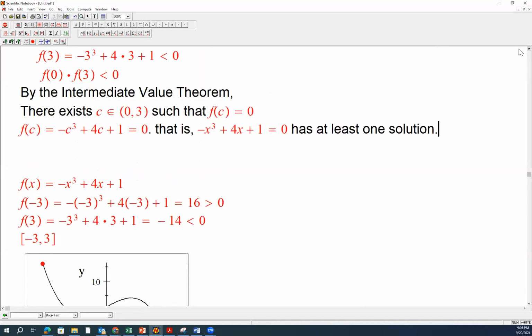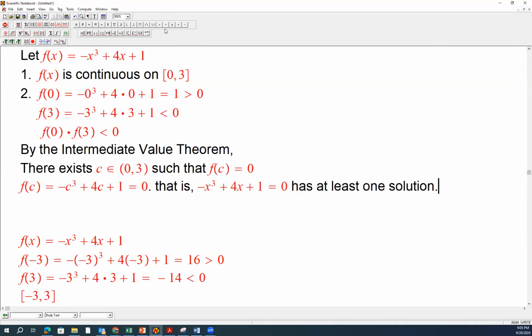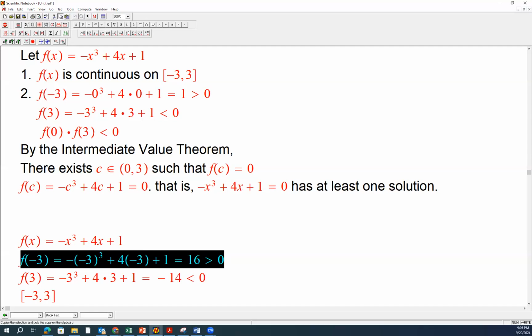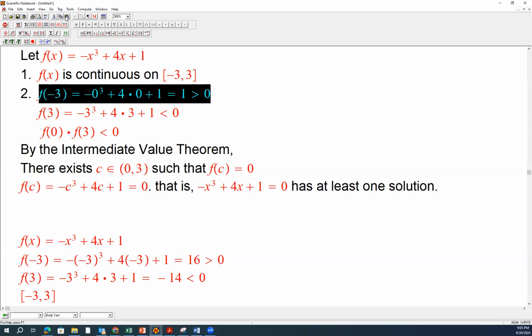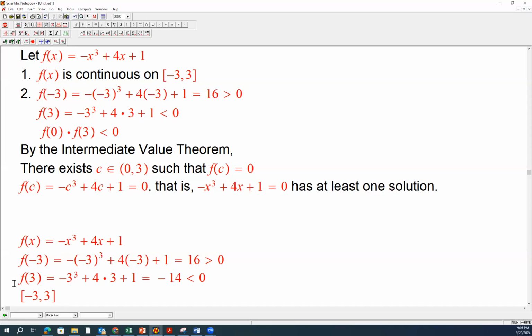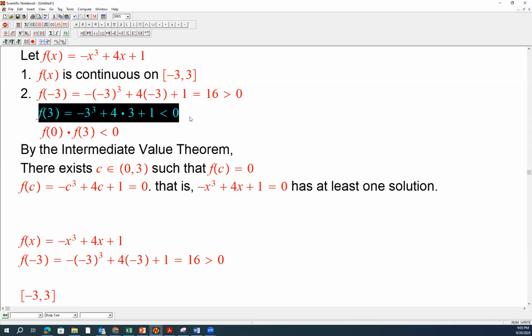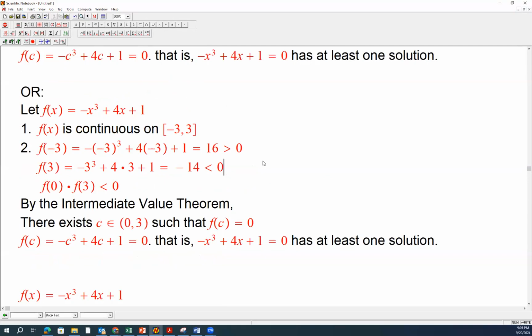But in this case, you can see I chose a different interval because I saw the picture. I had a peak, right? So f of -3 is greater than 0, f of 3, wait, is negative.